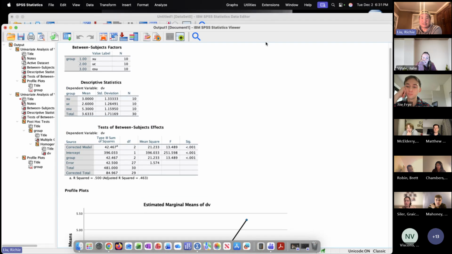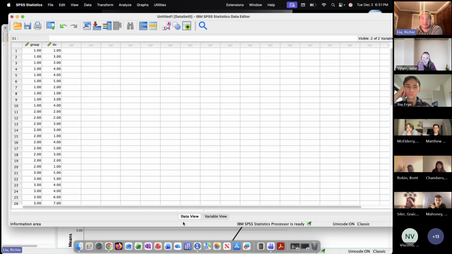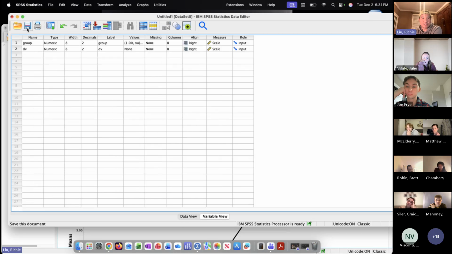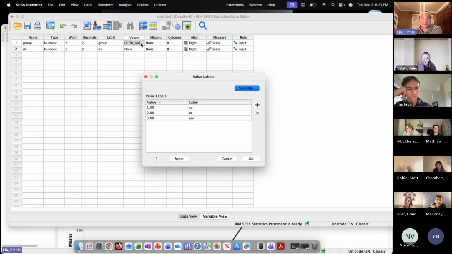Again, I'm going to go back to making sure this is the important piece right here when you're setting it up and understanding what this means. These different groups, again, you don't want to create columns. All the values, the DV, the outcome variable, whatever it is, needs to be in one column, the scores.